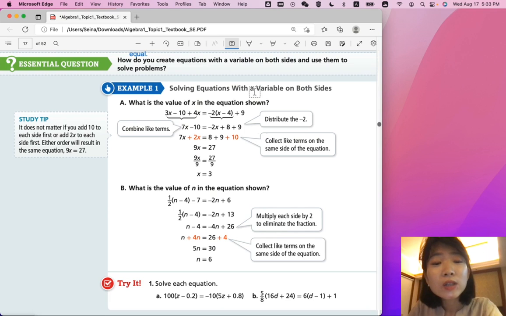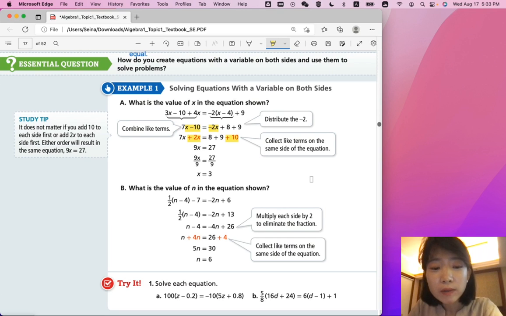And then you can add 2x on both sides so that you have the like terms on the left side and the right side. You can add 10 on both sides to do the same. So then you have 9x is equal to 27. You divide by 9 so that you can isolate x, and x is 3.